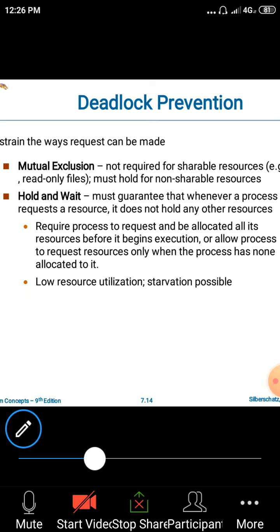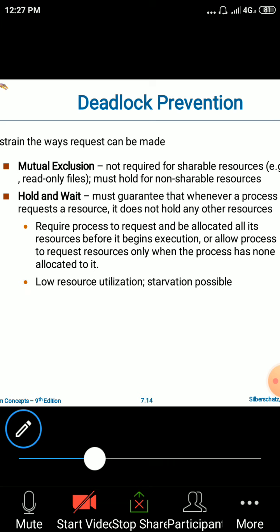Means a process requests resources only when it has none. Only when it has none, means the process should not have any resources, then only it can request a resource. In such cases the resources will be allocated to the requesting process. That is the one method.